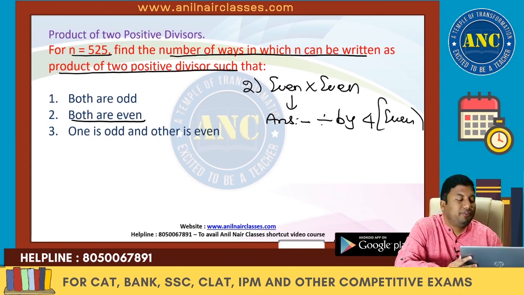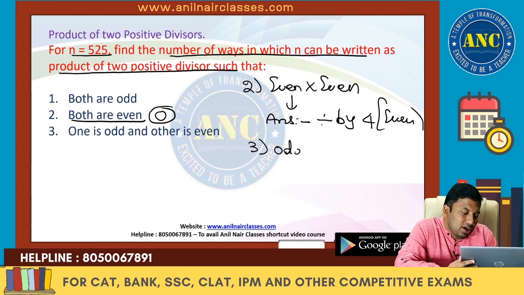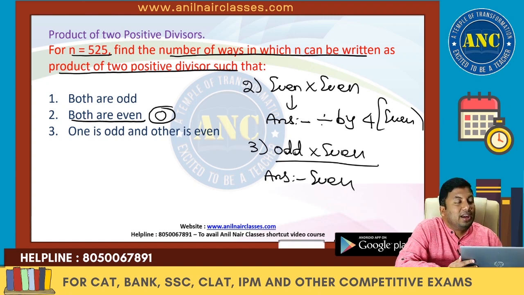But 525 is an odd number, so the answer is 0. Third case, it is odd into an even number. Any number multiplied by an even number, the answer will be an even number, but the right hand side value is 525. Again the third case, the answer is 0.